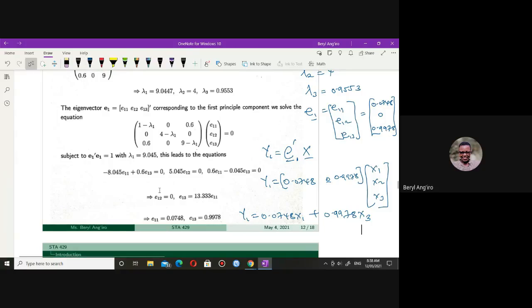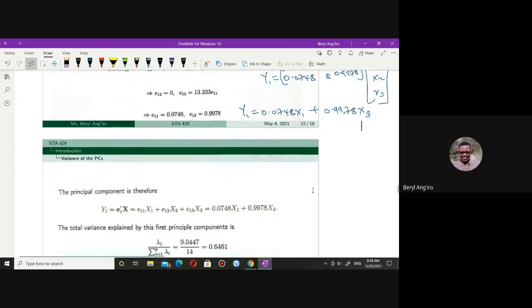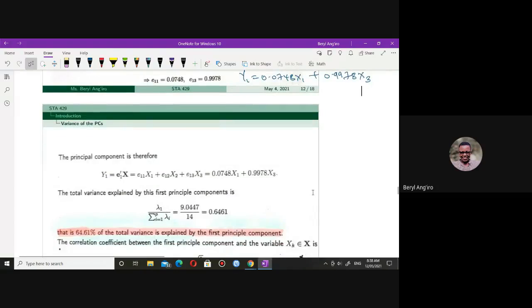So from the first eigenvalue, we get the eigenvector corresponding to the first eigenvalue. From the eigenvector, we then get the first principal component. Then the total variance explained by this first principal component will be the first eigenvalue divided by the total of the eigenvalues.